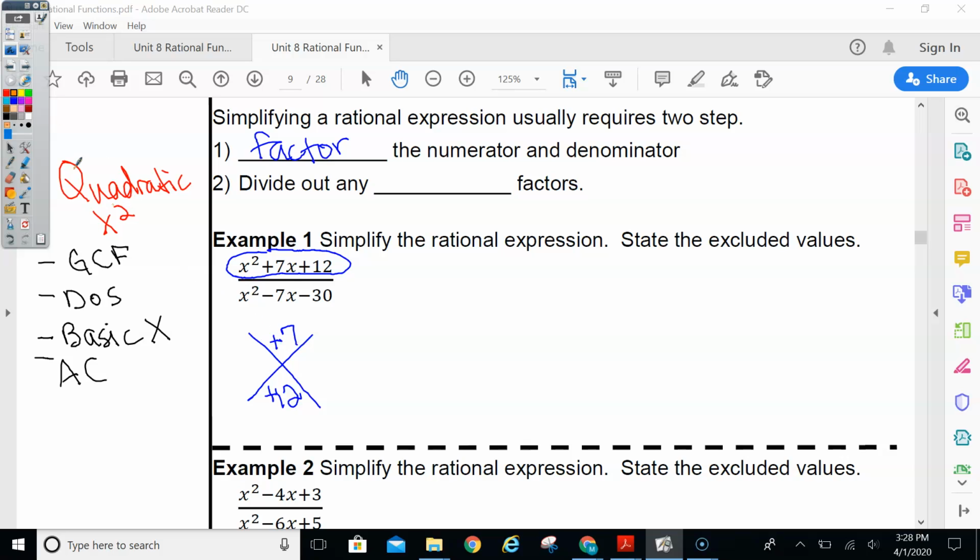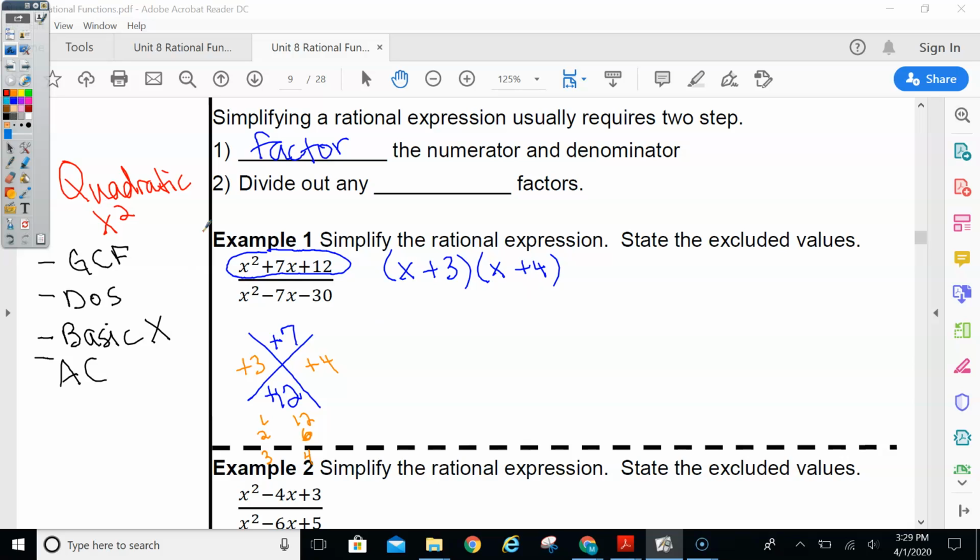So what are the factors of 12 that add to 7? So 12 is 1 and 12, 2 and 6, 3 and 4. So which one of those adds to 7? The plus 3 and the plus 4. So this one is going to be x plus 3, x plus 4.